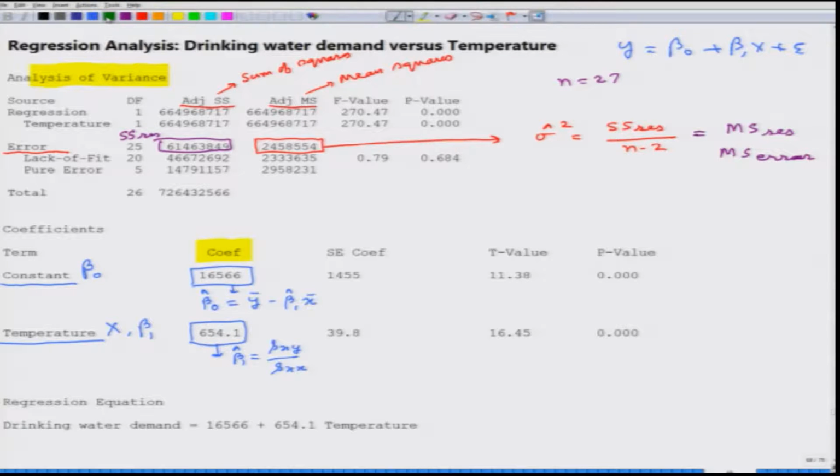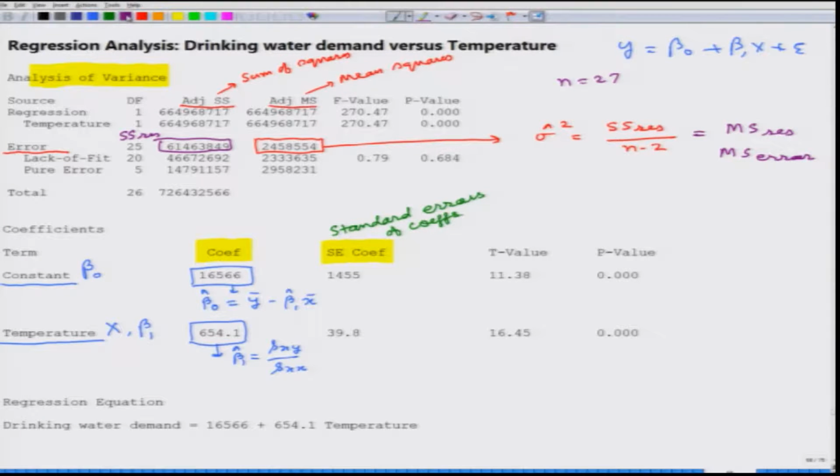Now we try to consider this column. This is SE Coef, where SE means standard error, and this column gives the standard errors of the coefficients. The coefficients are beta 0 and beta 1, whose estimators are beta 0 hat and beta 1 hat.